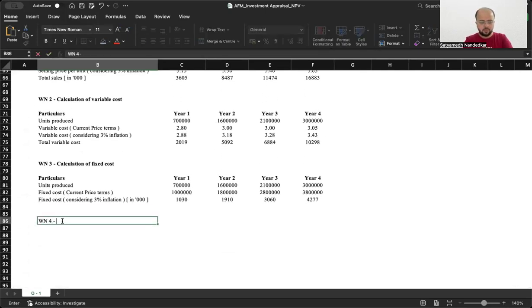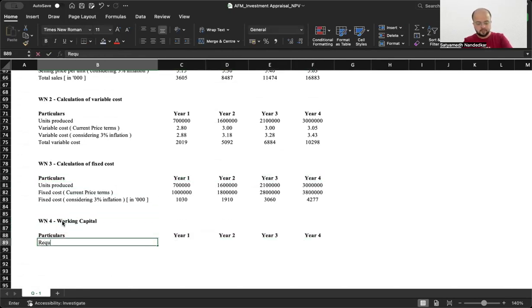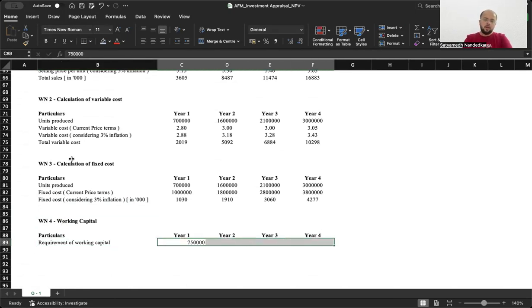Working note 4 is on working capital. So requirement of working capital कितना है? 7,50,000. In year 1, you need 7,50,000.